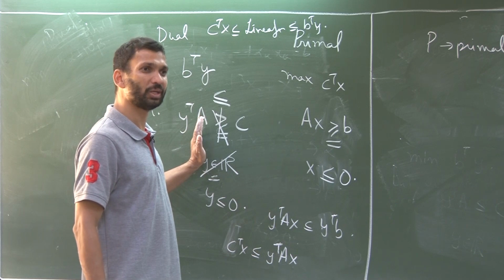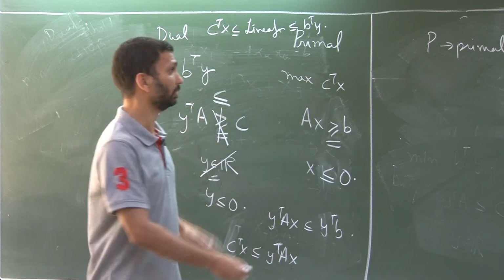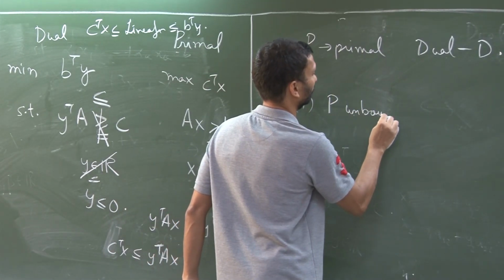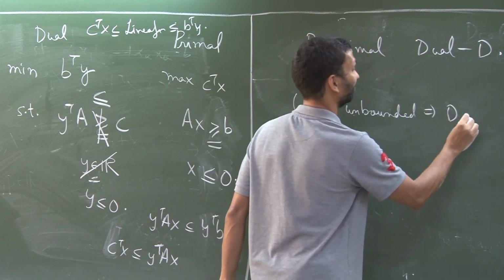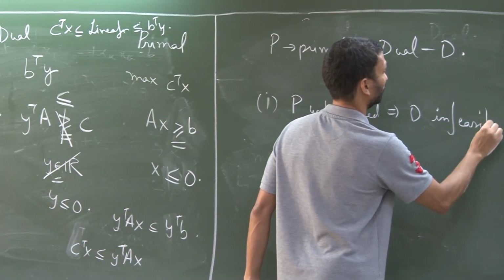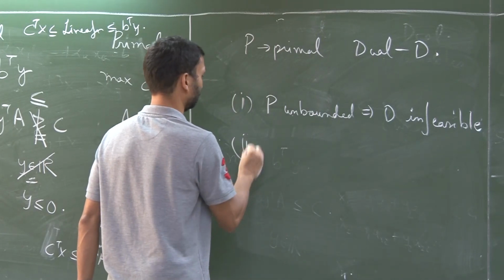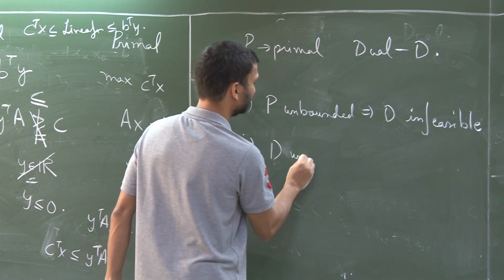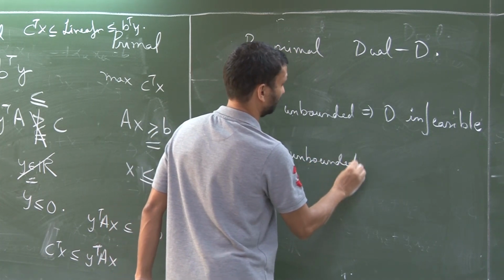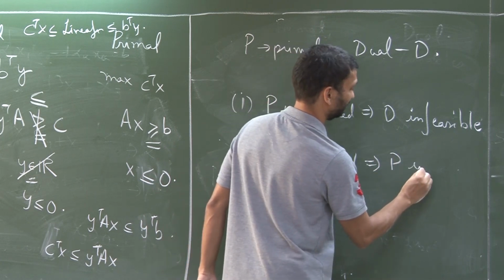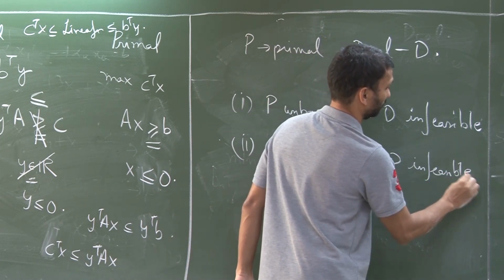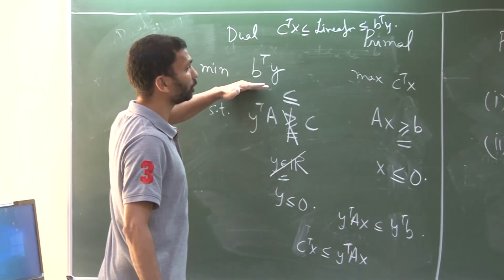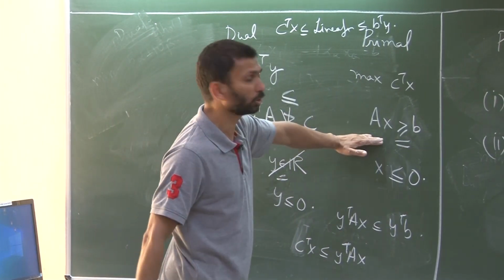That means dual is going to be infeasible. If D is unbounded, primal will be infeasible again by the same argument. If this is unbounded, there cannot be a lower bound, there cannot be a feasible solution here.